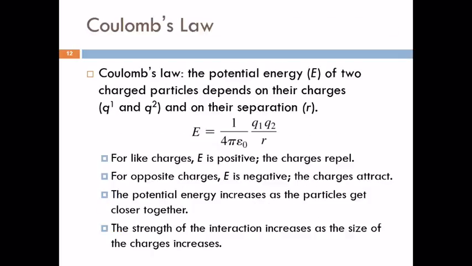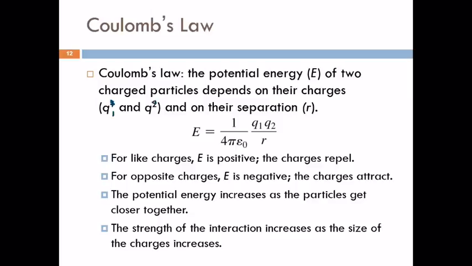Coulomb's law describes the interaction between charged particles. And this is a physics equation. And we're not really interested in this constant part here, but we're interested in Q1 and Q2. Those are the charges of the particles. And I just found another typo.